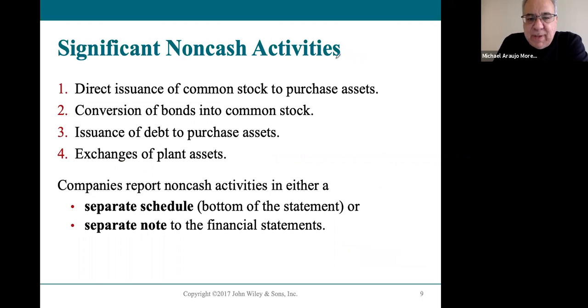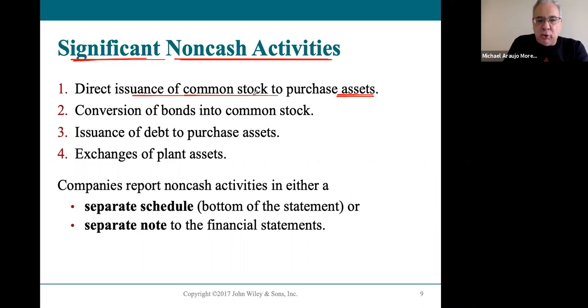There are a lot of things businesses do, believe it or not, that don't involve cash, that affect the balance sheet specifically. Some examples of significant non-cash activities would be buying, say, a building, but not paying cash for it, instead buying it with common stock.